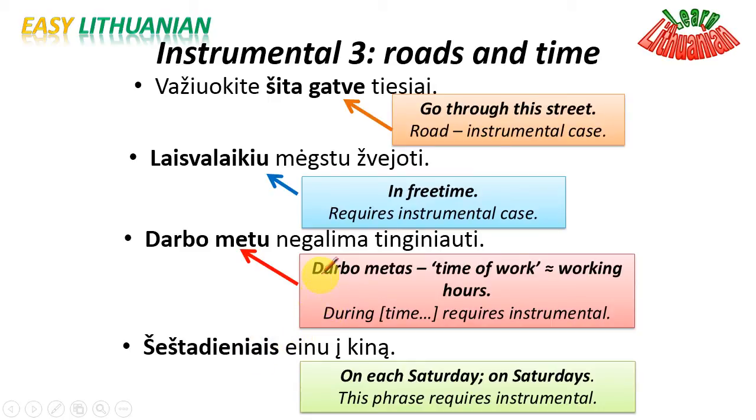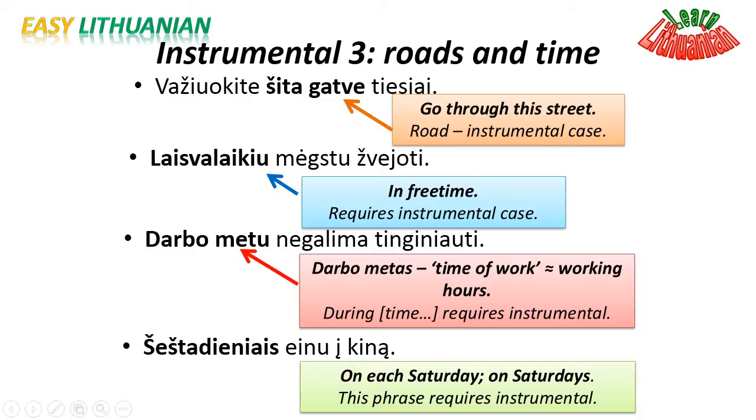Again, this phrase requires instrumental. Well, you have to remember this. This is quite a useful thing to remember. If you want to say on each Saturday, you have to use the instrumental of the plural. So we have the word šeštadienis, Saturday, šeštadieniai, plural, and šeštadieniais, plural, instrumental.